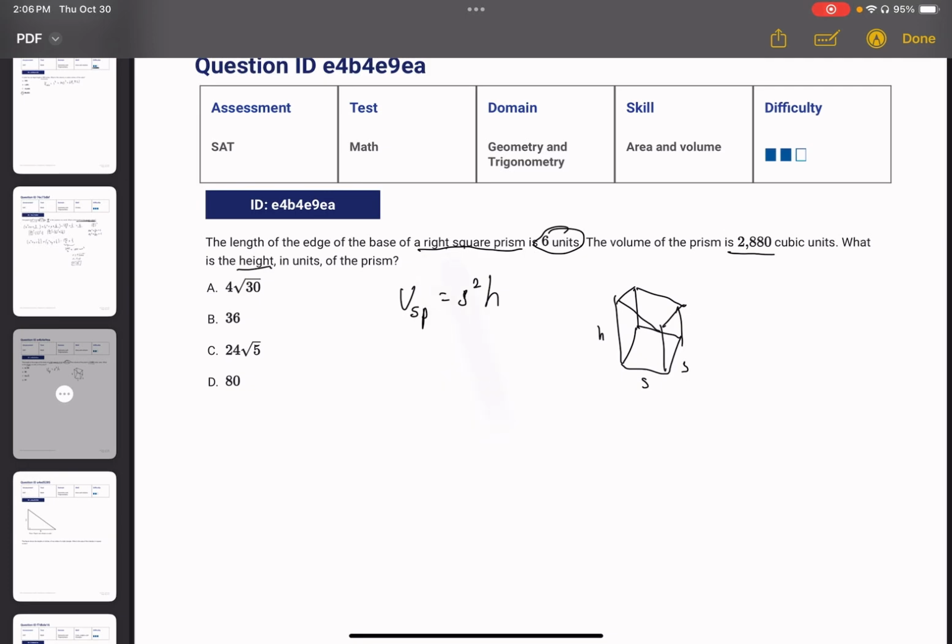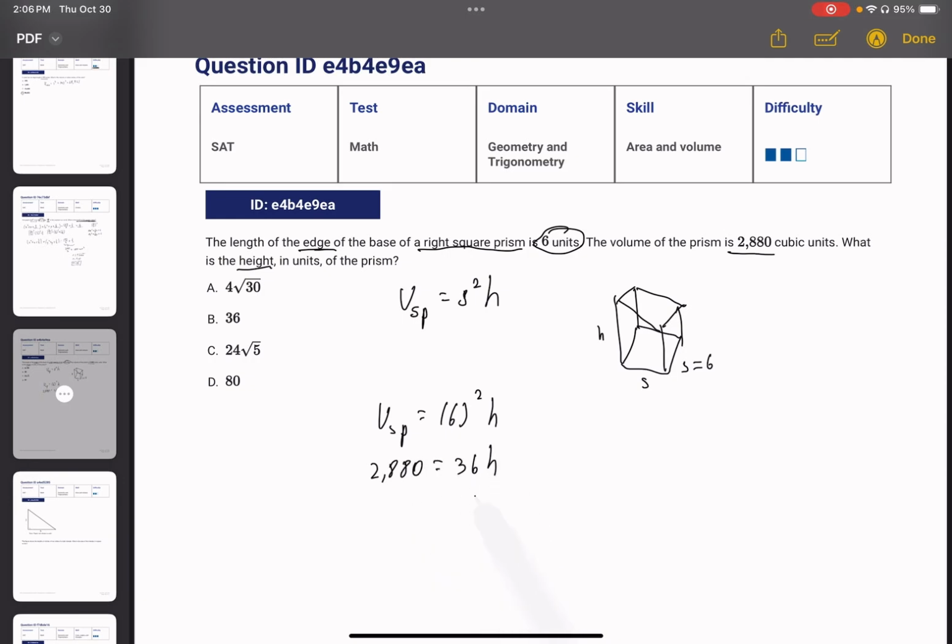If we already have the edge of the base of the right square prism is 6 units, we know s is equal to 6. So we know the volume of the square prism is going to be 6 squared times h. And we know that the volume of the prism is 2,880, which is equal to 36 times h.